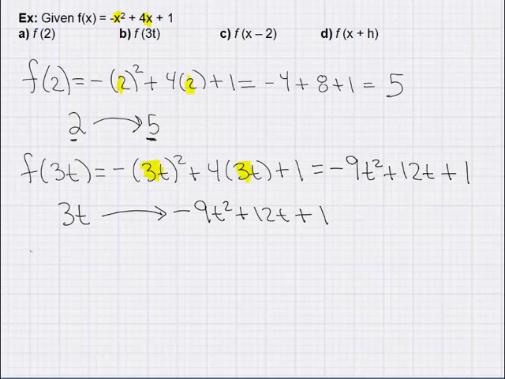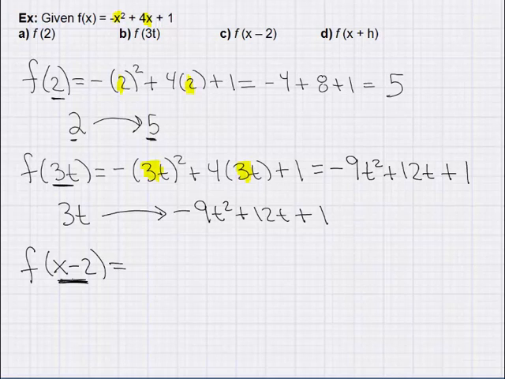Alright, do another one. How about f of x minus 2? Now, f of x minus 2. What a lot of people think is, well, it's just f of x and we subtract 2 from it, but that's not the case. I'm not going to take this original function that I'm looking at and just subtract 2 from it. What I have to do is plug x minus 2 in. This thing is like the 3t is like the 2.